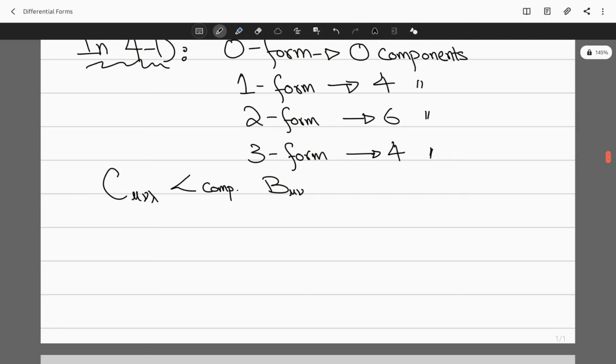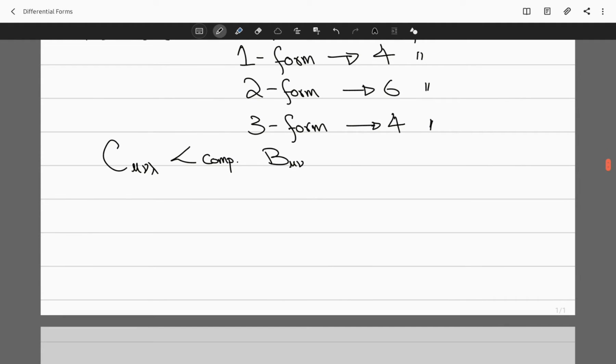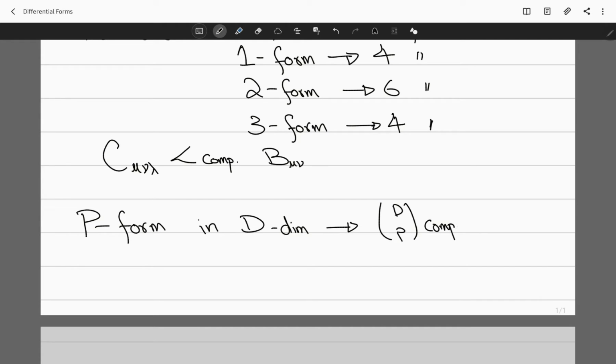Now to generalize this, we can say that for a p form in D dimensions, we have D choose p components, right? Now what is this thing that I have written over here?